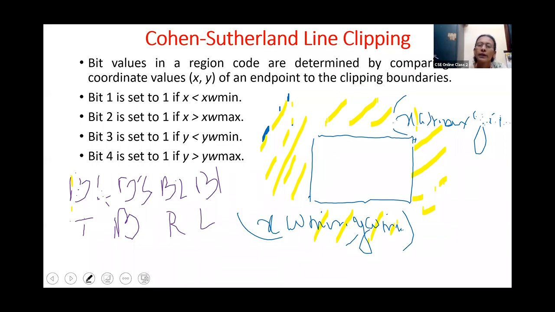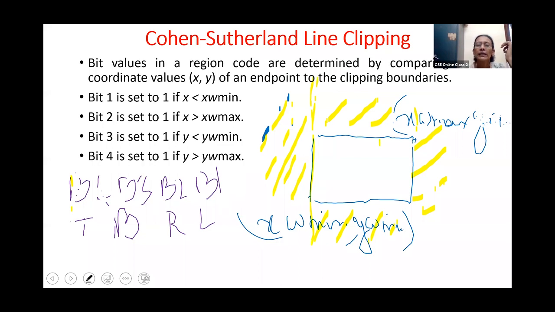How do you define this? This line is the line X equal to XW min. So all the points to the left of this line will have X less than XW min.